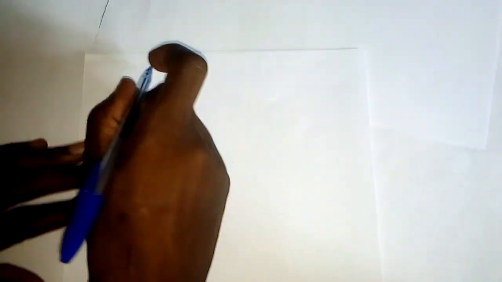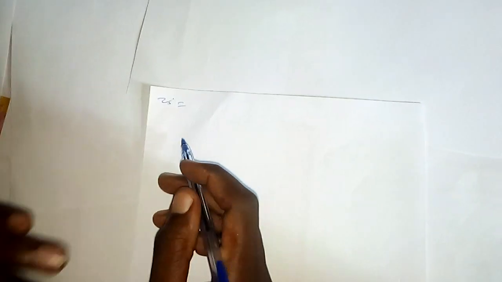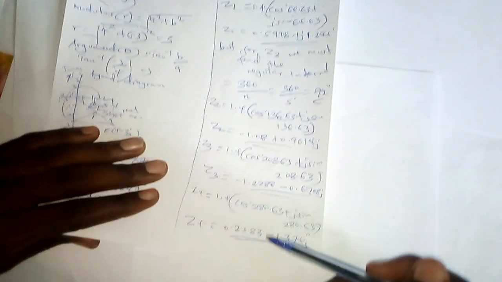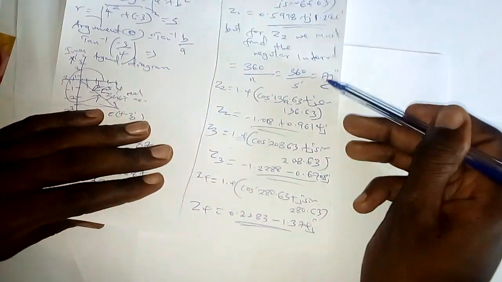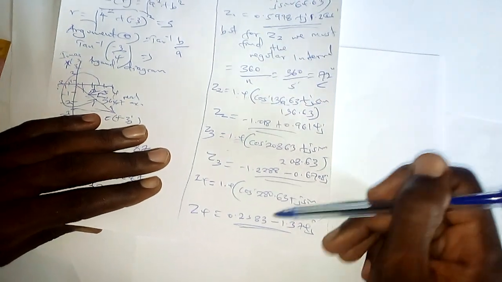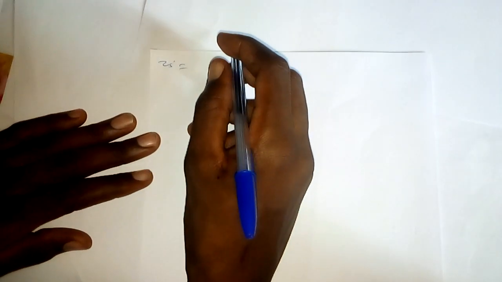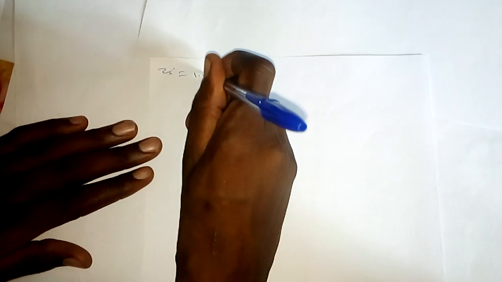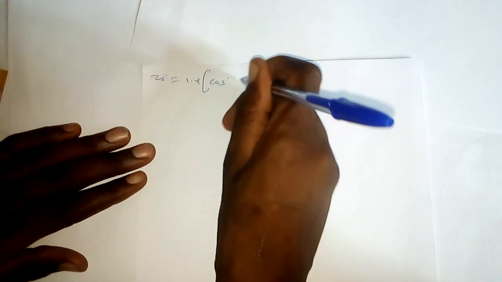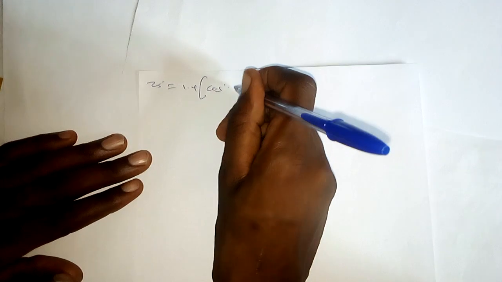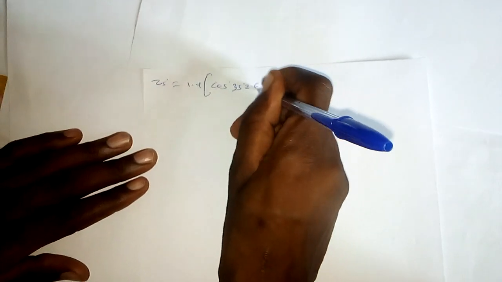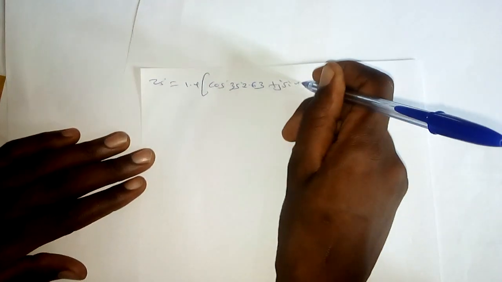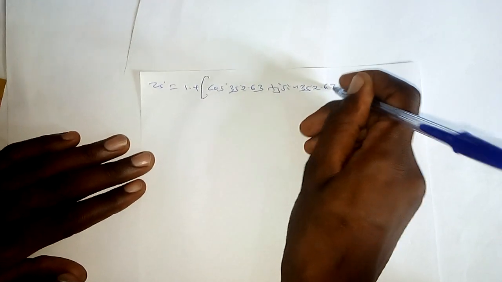We continue now. For z5, you add 72 again to this angle, because 72 is our regular interval between the roots. So it will be 280.63 plus 72, that is 352.63. So 1.4 into cos 352.63 plus j sin 352.63.